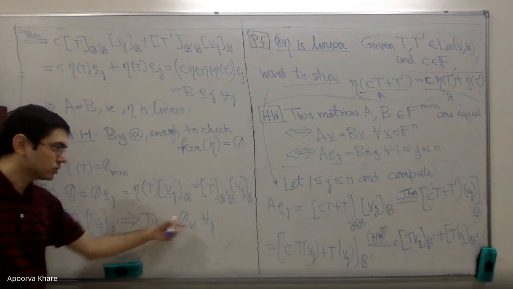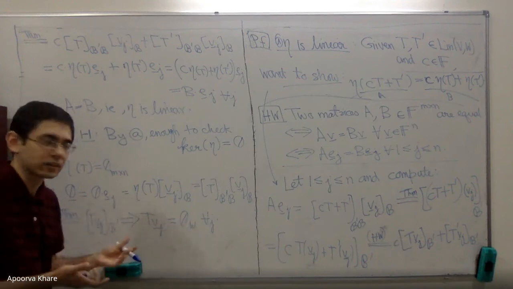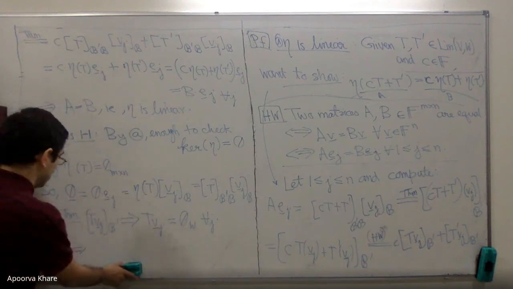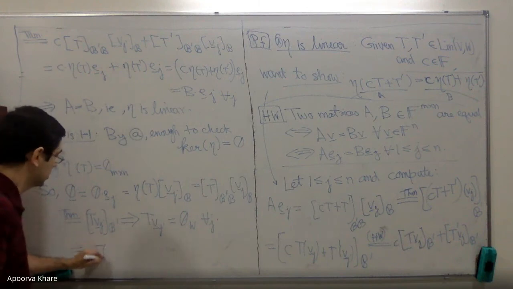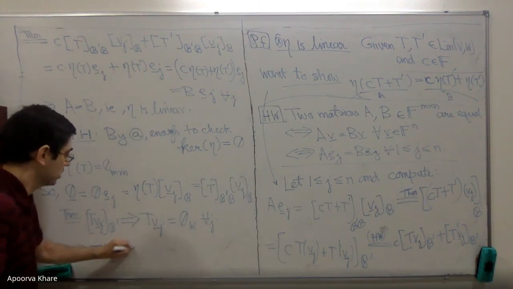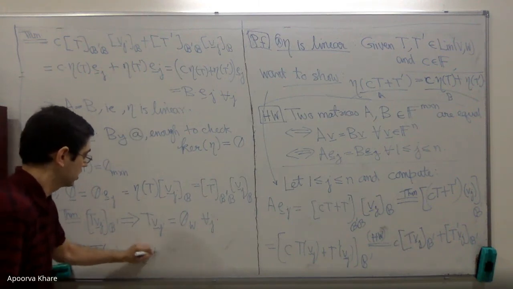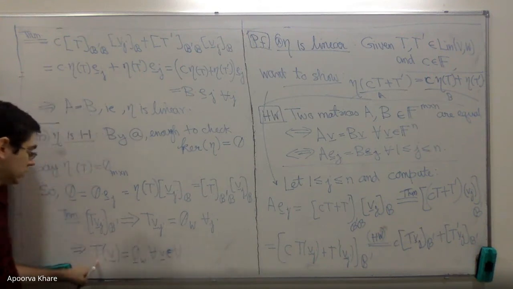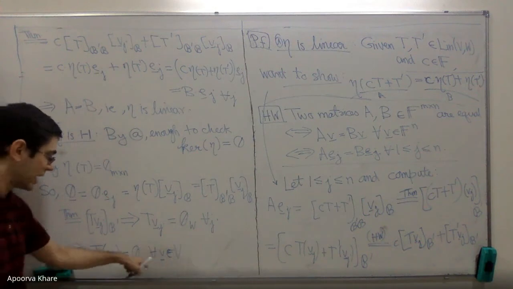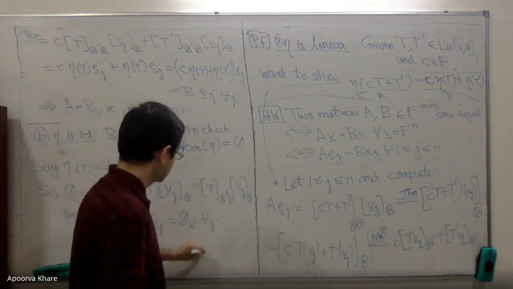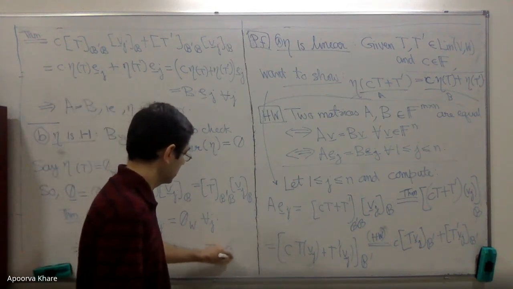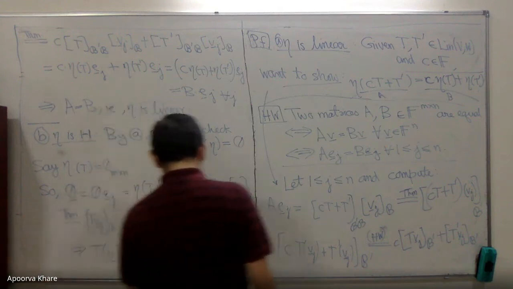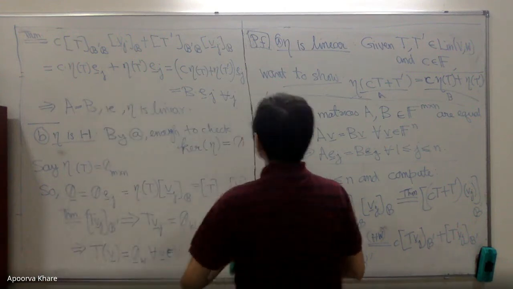If it takes a basis to 0, then by linearity it takes every vector to 0. And there is only one linear transformation that takes every vector to 0. That is the 0 transformation. So that is exactly one to one.